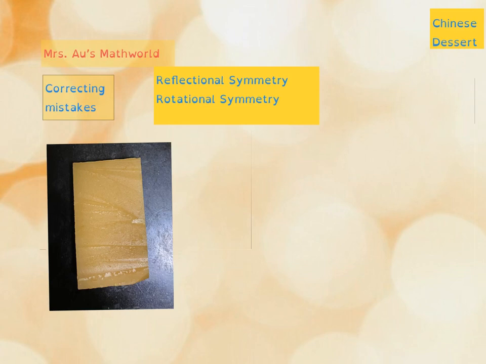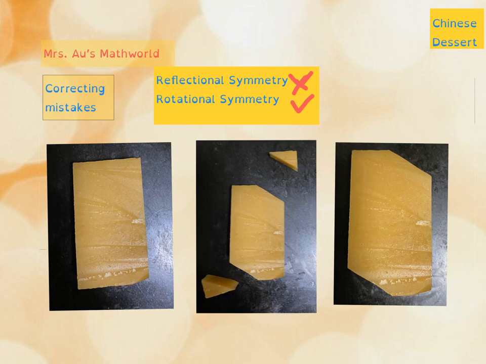So at the beginning of this video, we discussed that this rectangle has both rotational symmetry and reflectional symmetry. So how can we add to this graph so that we won't have reflectional symmetry of this object? One of the methods is to cut two identical triangles and form the figure on the right.